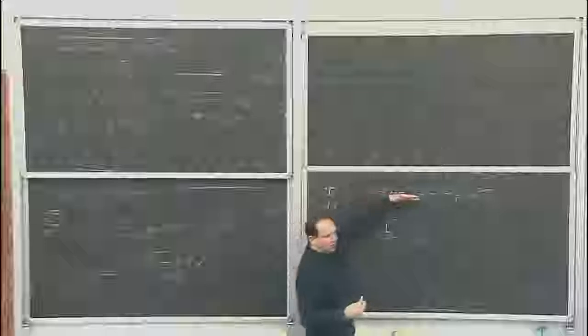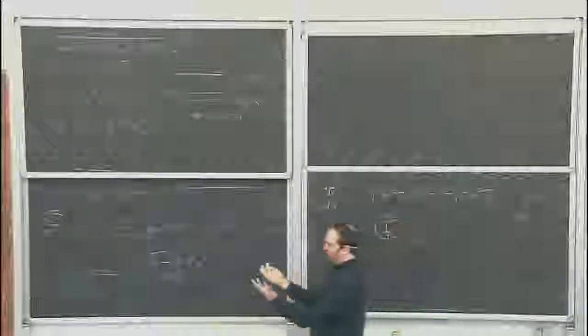Because you have a bra and a ket, you always have to deal with a wave function. This would be like psi, but the things that I put on the downside correspond to the bra, and of course you have to take a conjugation with respect to them.